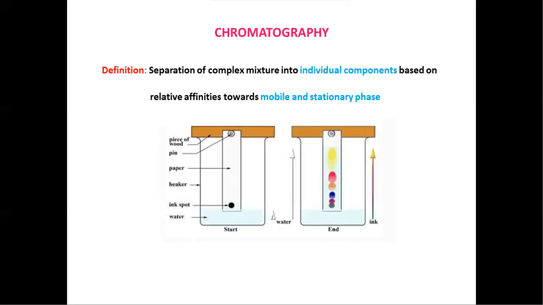This is the component mixture. Here we have taken an ink spot, and that ink spot is getting separated into different colors by using chromatography with two phases, the mobile phase and the stationary phase. The ink spot is converting into different colors due to the relative affinities of those particular colors towards the mobile and stationary phase.